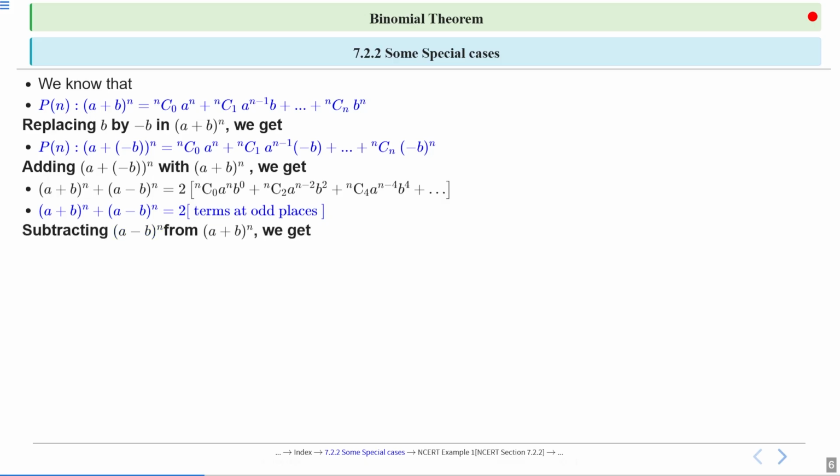Now let's subtract (a - b)^n from (a + b)^n.